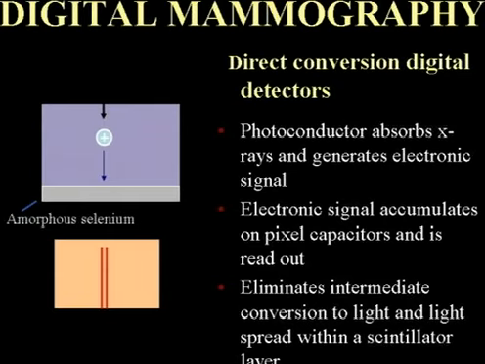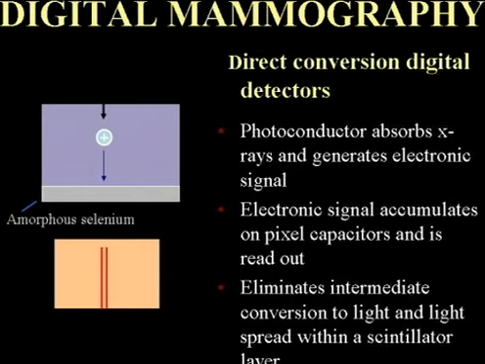And one of those elements is amorphous selenium, which was really the technology involved in Xerox and xeroradiographic imaging. Here, the X-ray photon will strike the selenium plate and cause a change in the selenium plate, which will develop as an electronic charge and be read out as the detector.